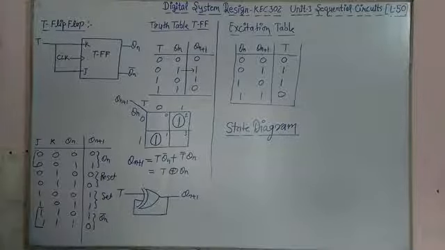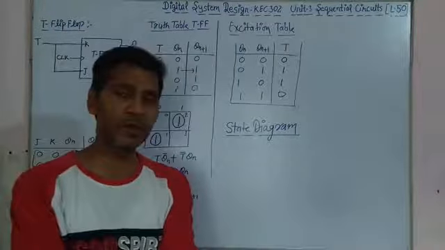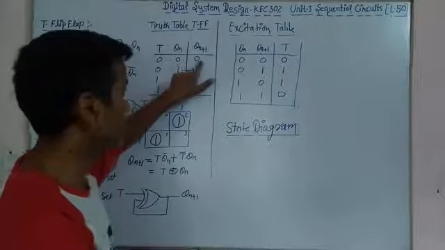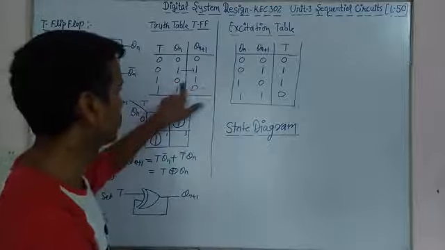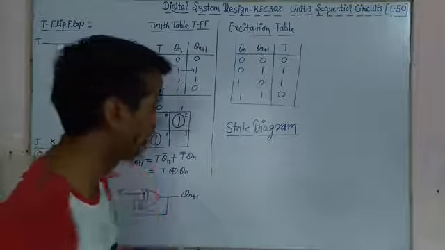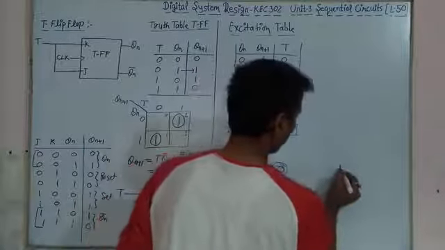So how many states do you have? You have two states, 0 and 1. Here you can see you are going 0 to 0 or 1 to 1, 0 to 1 or 1 to 0. So you have two states, 0 and 1.